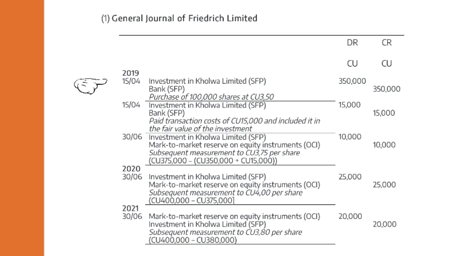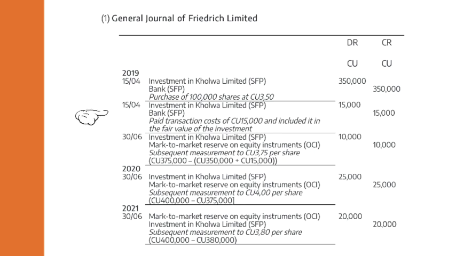If you are in the category at fair value through OCI, your initial recognition will be at fair value like any other initial recognition of financial instruments. And if there were transaction costs, those transaction costs will also be capitalized initially to the investment.